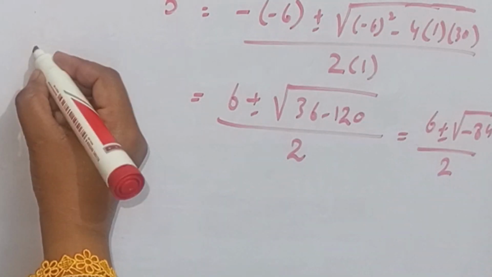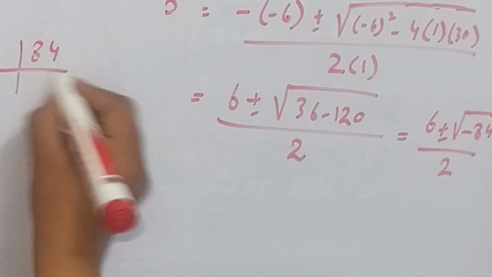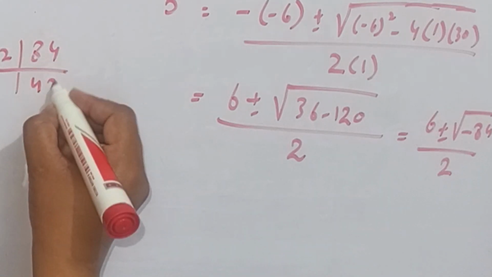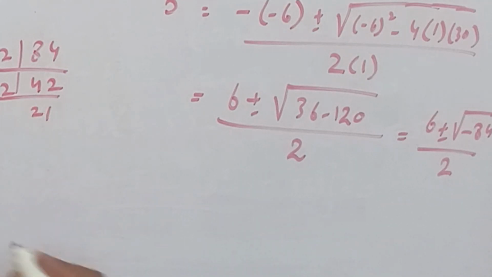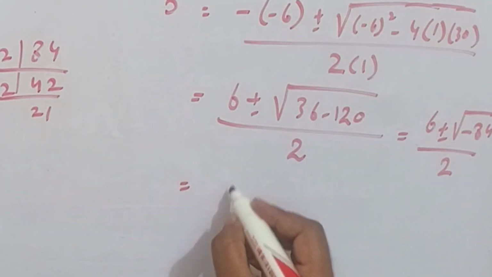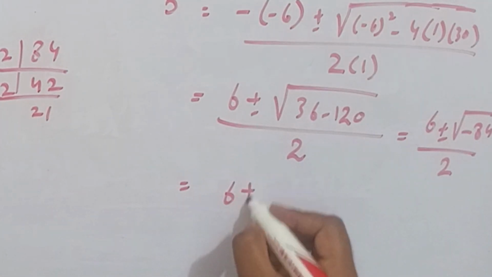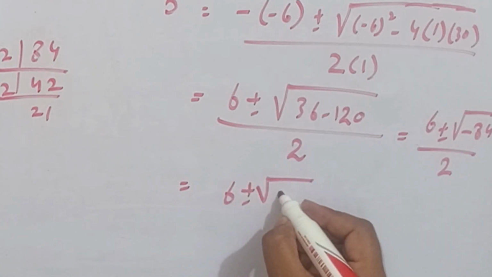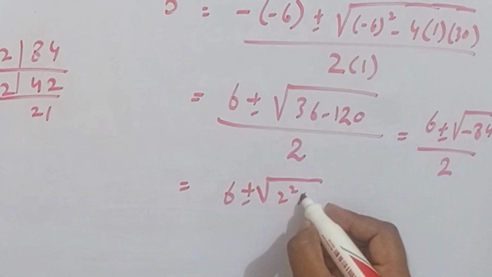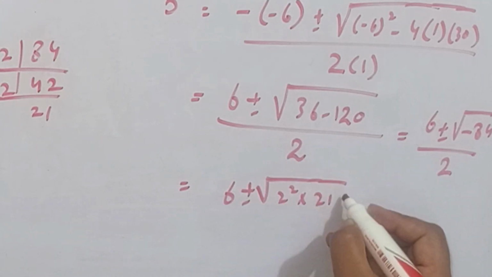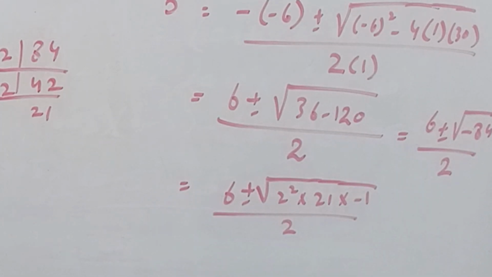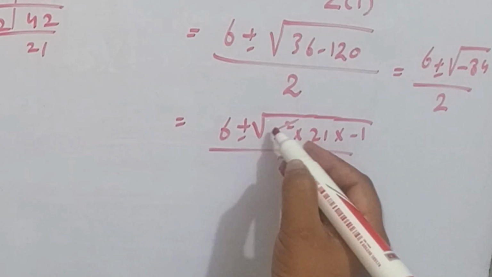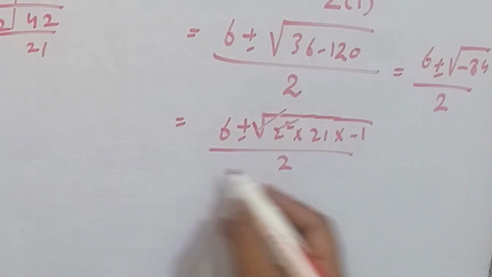Now we find the factors of 84. So 2 4s are 8 and 2 2s are 4. Then 2 2s are 4 and 2 1s are 2. So we write this as positive 6 plus minus square root 2 square multiply 21 and then multiply minus 1 over 2. In the next step, this square and square root cancel.